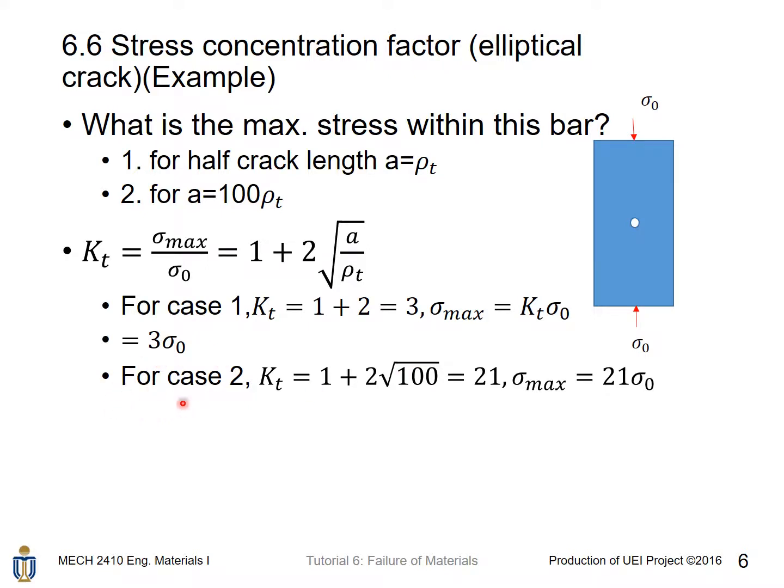For case 2, a is equal to 100 rho t. Therefore, a over rho t is equal to 100, the square root of 100 is equal to 10, and Kt is equal to 21. Therefore, the maximum stress within this bar will be 21 times the applied normal stress, sigma log.